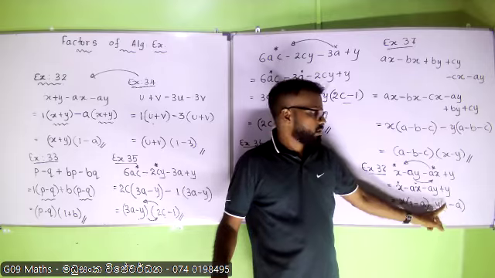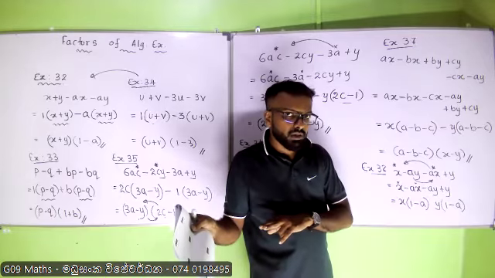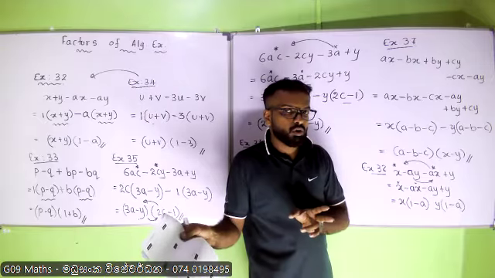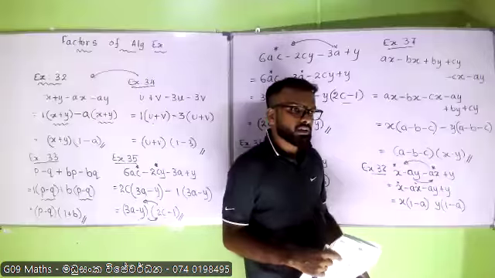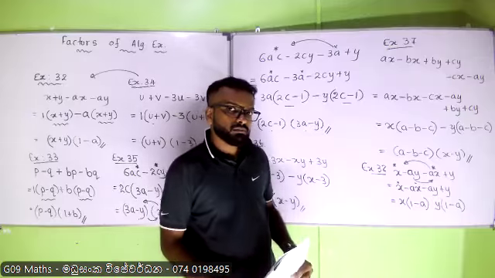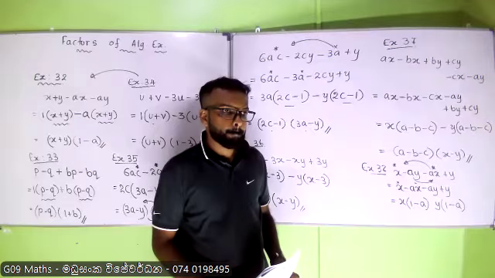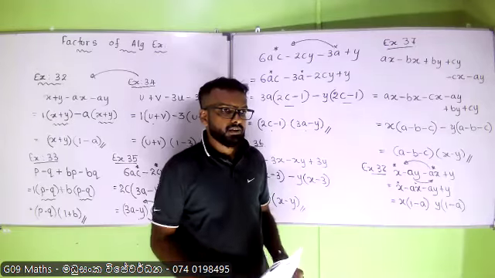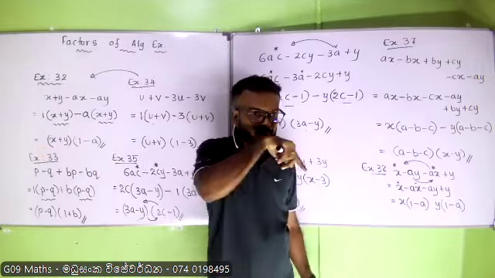Positive, positive. Did the sign change happen? No. So which sign do you need to take out from the bracket? Positive. If no sign changes happen, what is the sign that you are going to take out from the bracket?